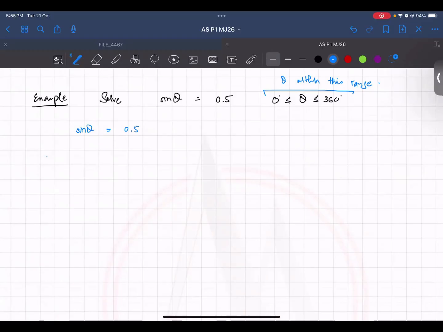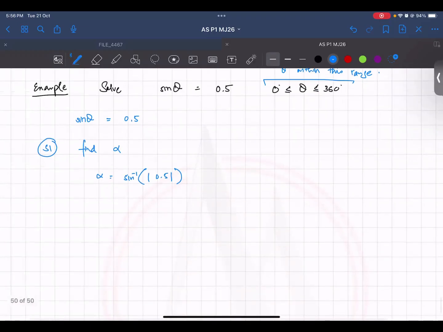First of all, step number one is you find the alpha, the basic angle. Find the basic angle how? By just moving the sine to the opposite side, sine inverse. We only take the modulus value. Modulus value means the positive value only. If it would have been negative 0.5, right now it is positive 0.5, so you keep it positive always.